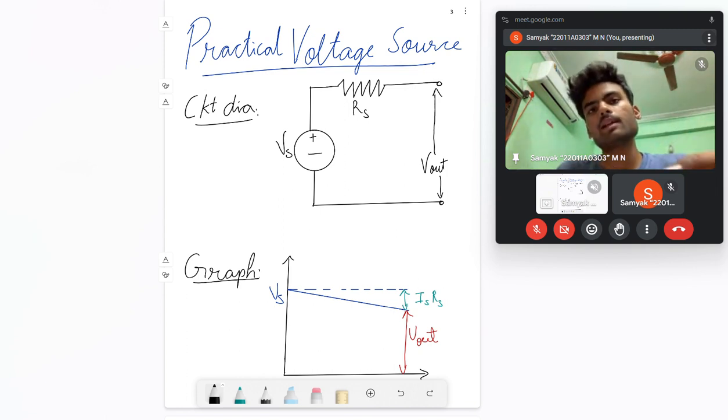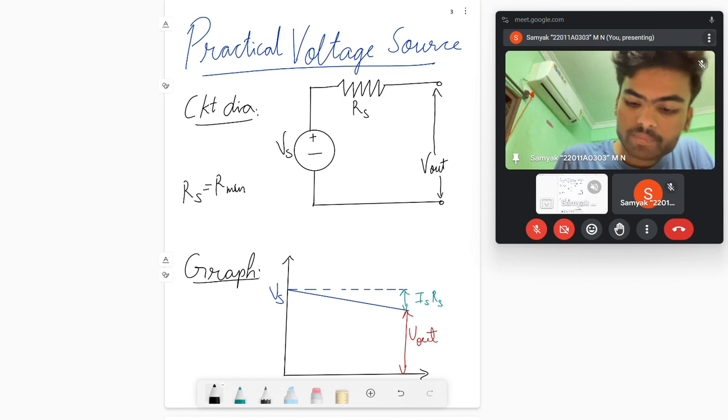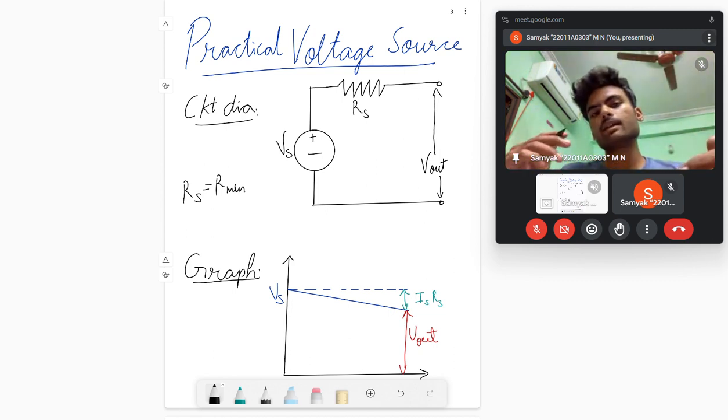In a practical scenario, the source resistance cannot be zero and it can be considered to be minimum. So Rs is equal to R minimum. Now, hence, there is a value for source resistance.